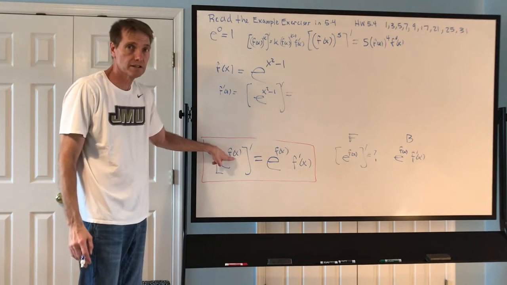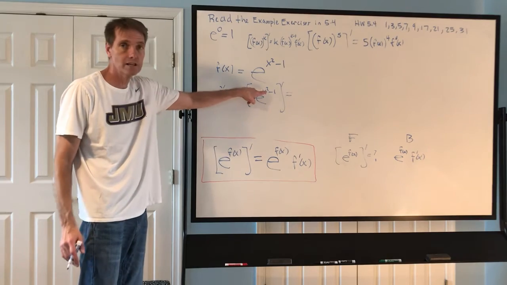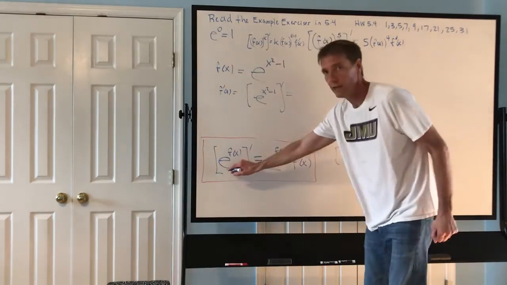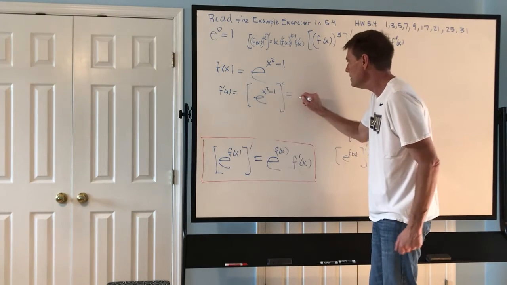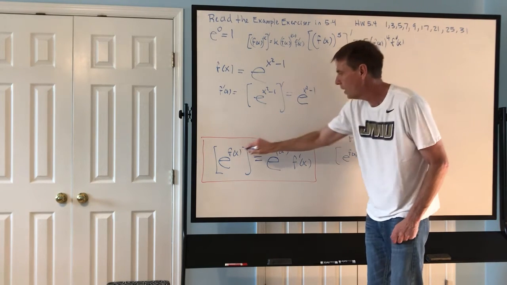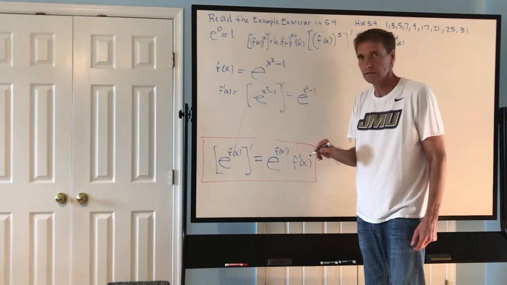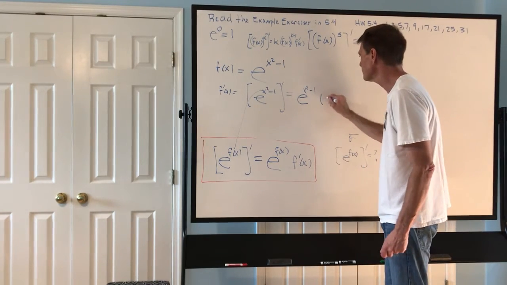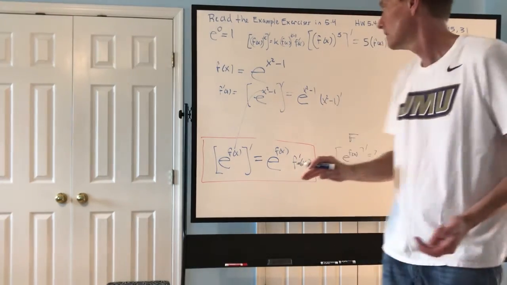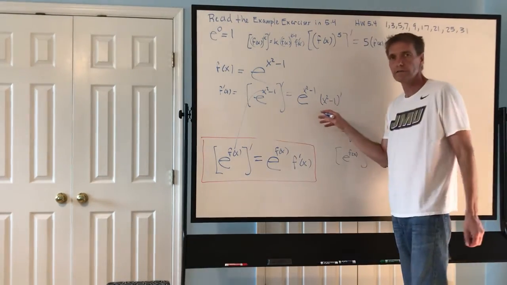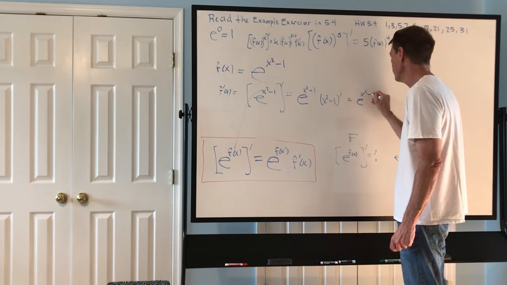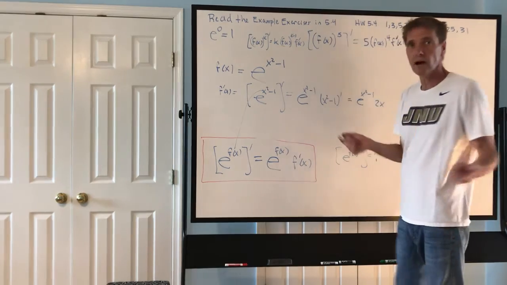Who's the f of x? You're like, well, Dr. Warren, the thing up in the exponent is the x squared minus 1. So it's just going to be, using our flashcard, e to the f of x, x squared minus 1, notice that's my f of x, times the derivative of that exponent. Well, hopefully you're like, Dr. Warren, I own this. The derivative of x squared minus 1 is 2x. So this is just e to the x squared minus 1 times 2x.